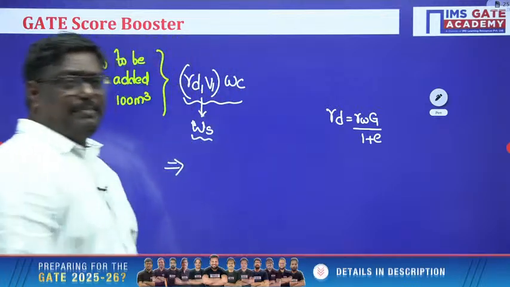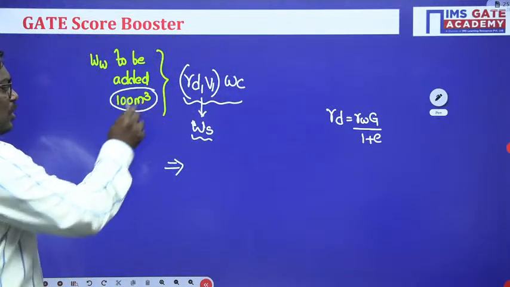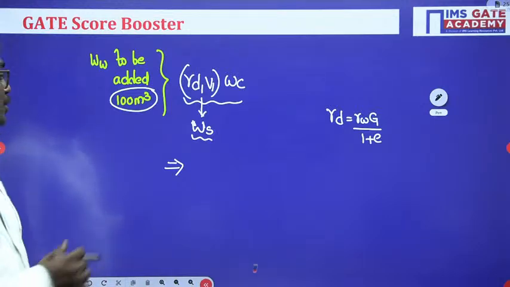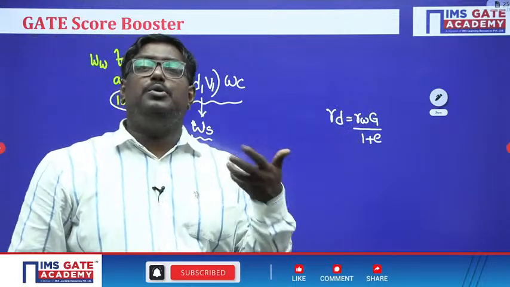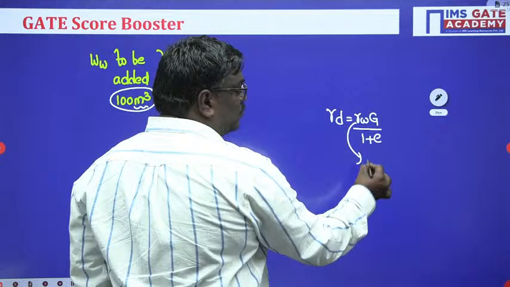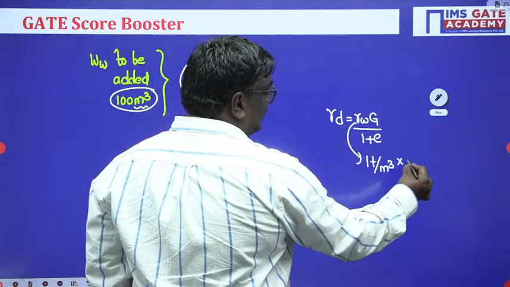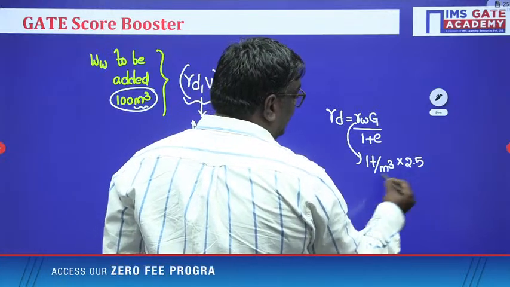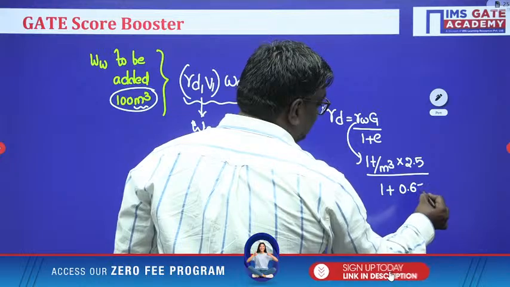Sir, here see, my dear students, you should be smart. What is the volume here? 100 meter cube. So here it is in meter cube, so try to take gamma w in meter cube. The value of gamma w is 1 ton per meter cube, into G, 2.5, divided by 1 plus void ratio 0.67.